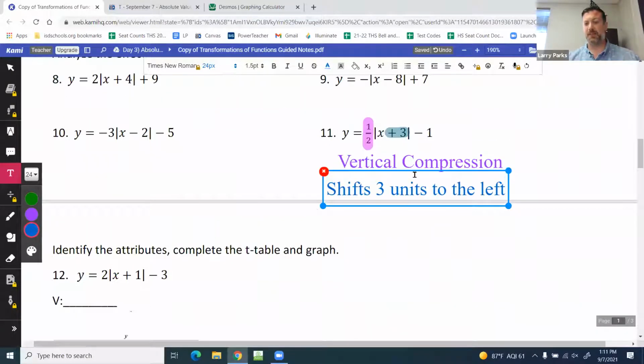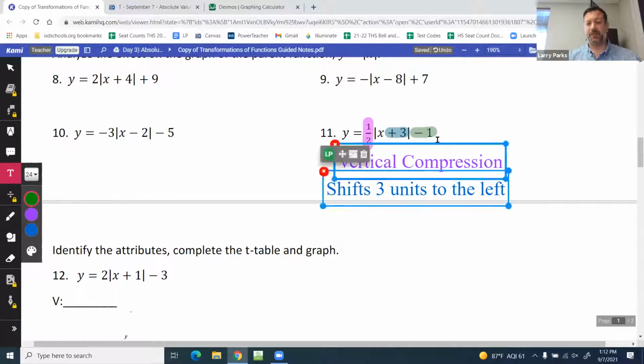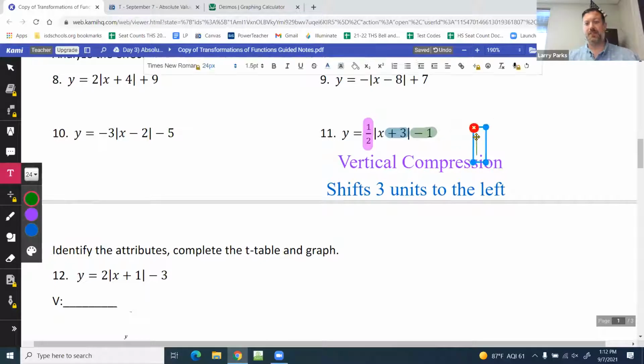See, mine's a plus, goes to the left. And then finally, what does -1 do? You should remember on the outside, if it's negative, it goes down, shifts it down 1 unit. If you forgot, you can read that above. So I would say shifts down 1 unit.